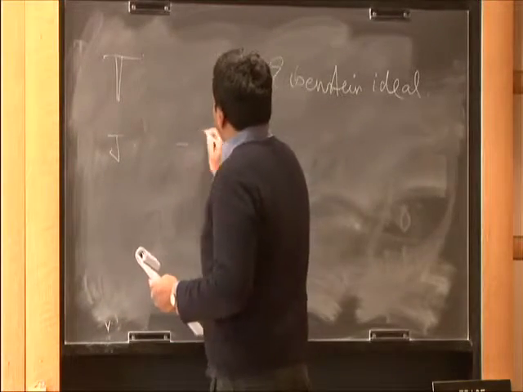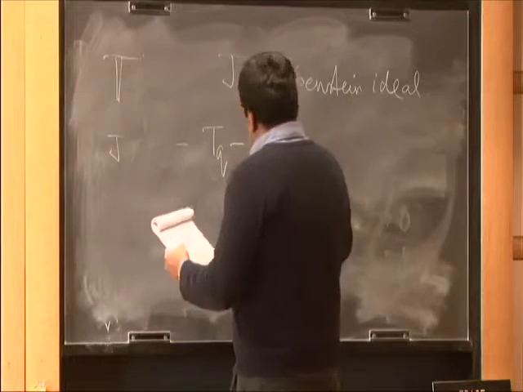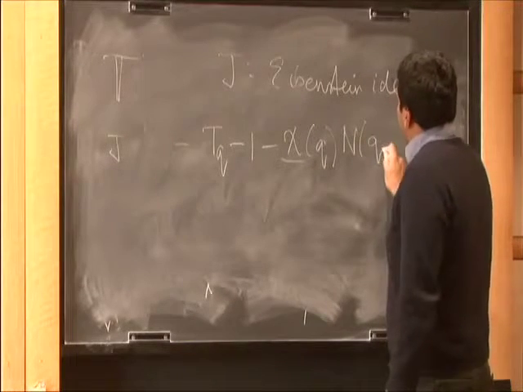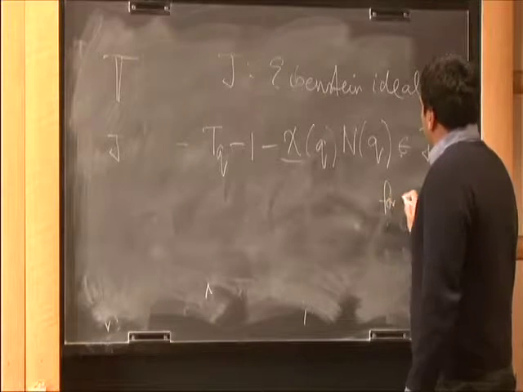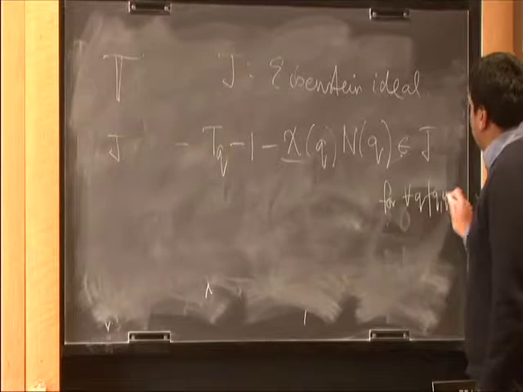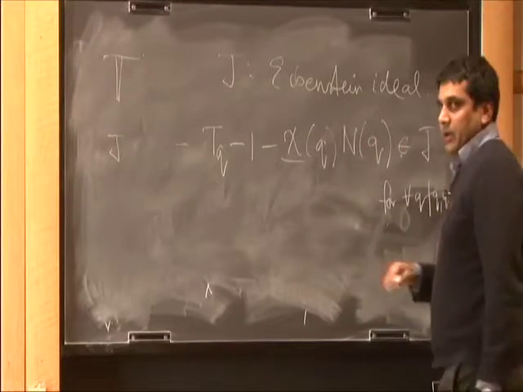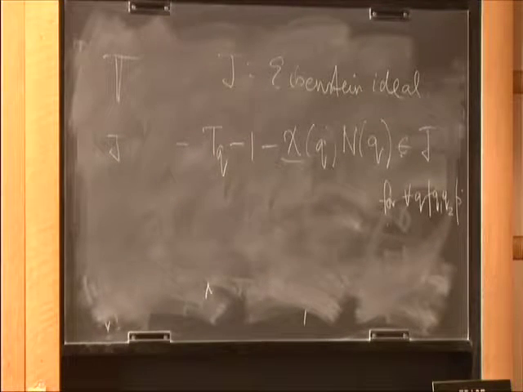So one requires T_Q minus 1 minus chi(Q) norm Q is an element of J for all Q not dividing Q1, Q2, P. Maybe I should call this L. So you demand this for primes away from P and Q1, Q2.